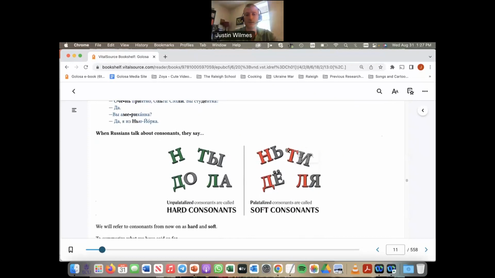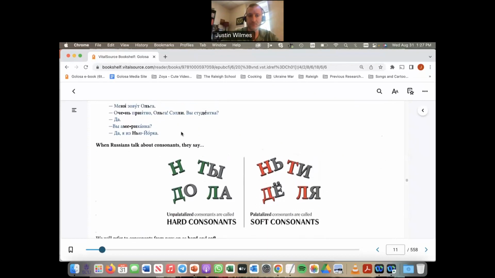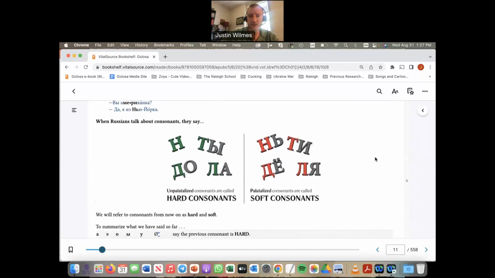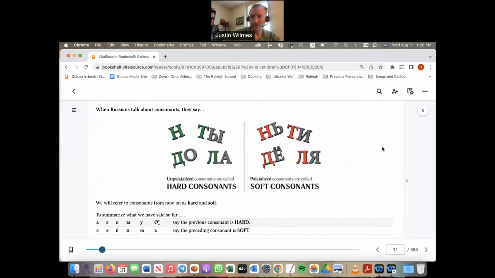Okay. So basically what they're saying here is that they're just contrasting these consonants. This N here is pronounced as a hard N, but this N, because it has a soft sign after it, is a soft N. This T is pronounced as a hard T, but this T, because it has a soft vowel after it, becomes a soft T. This D is pronounced hard, Do, and this is pronounced Dyo.